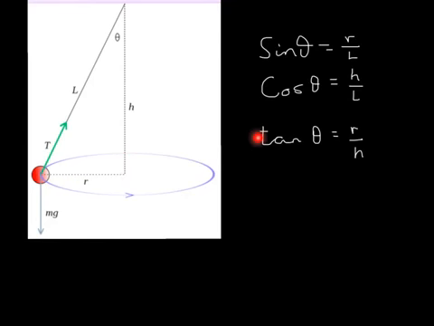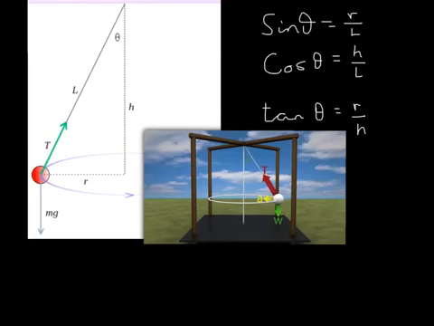And so in each case you should be able to write out sine theta, cos theta and tan theta relating to L and H and R. Okay. So hopefully that's given you an introduction to how to solve and work on these problems.